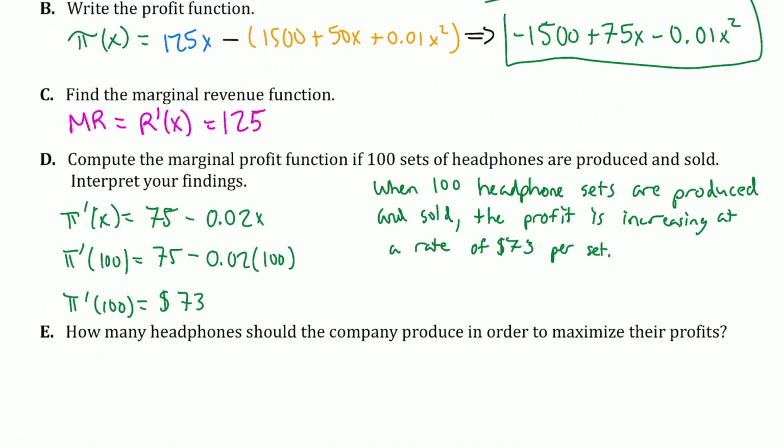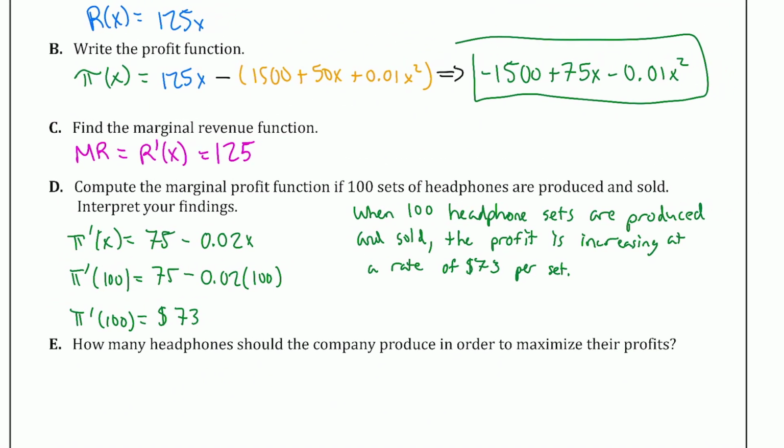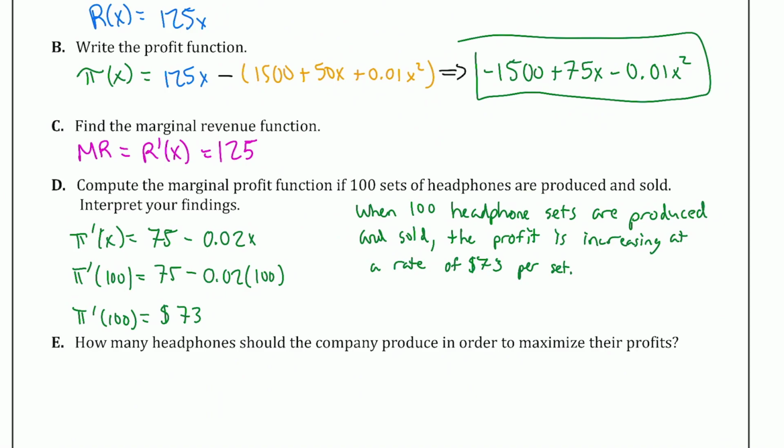A little side note that I want to add into these problems and make sure that's clear to every student in this class. Whenever you are calculating problems and you are asked to interpret, you are asked to justify, you need to include a sentence at the end of your findings. This final answer right here that I have is not enough. That is not an interpretation. You have to write a sentence in context to the problem.